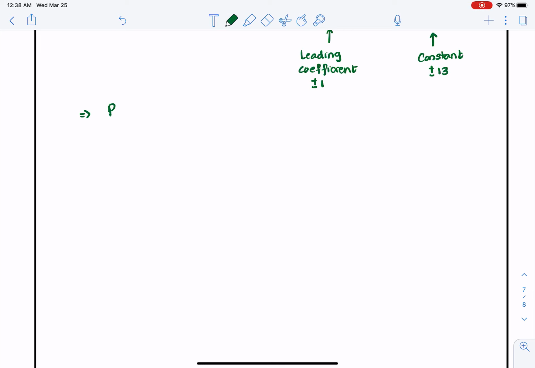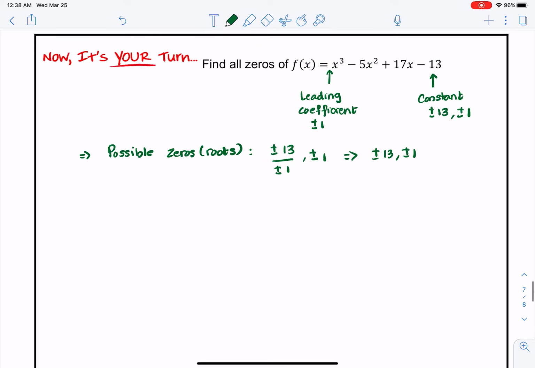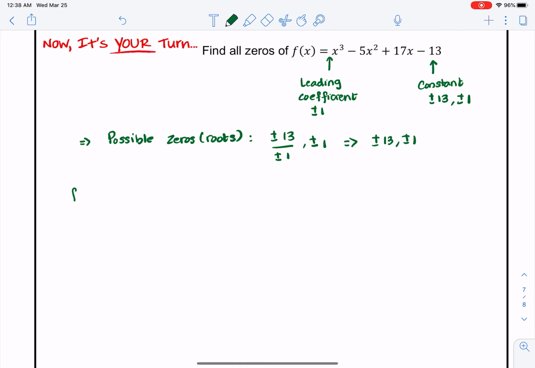This would mean the possible zeros, all roots, they mean one and the same, are plus or minus 13 over plus or minus 1 and plus or minus 1 itself. So those are the possible zeros. Let's start simple. Let's start with negative 1.